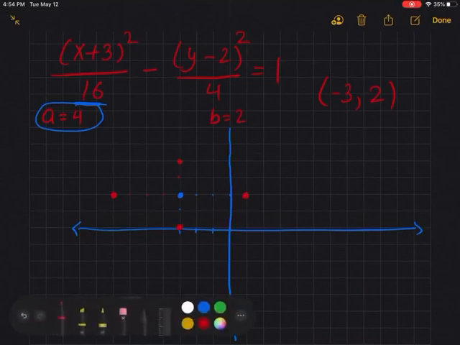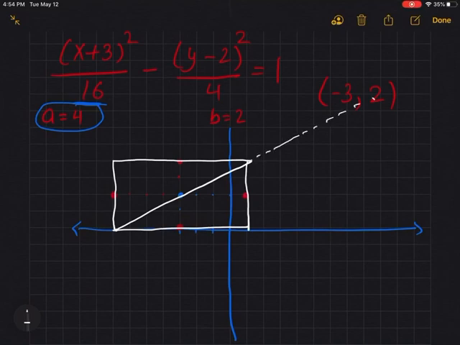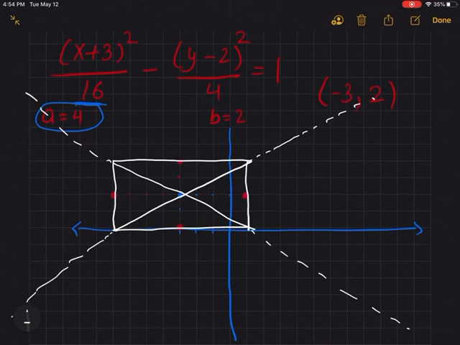Once I have all 4 points, the rest is I just have to connect these points, make a rectangle, and draw the diagonal. It should pass through the center point, and I'm just going to extend it right now. Same thing on the other side. Connect and extend. Here you go.